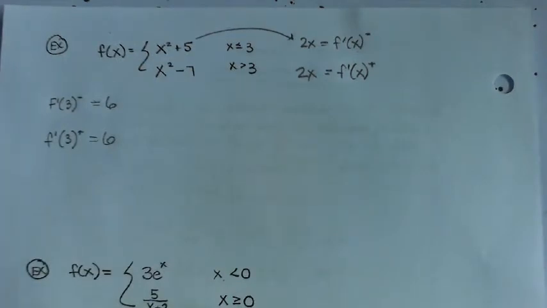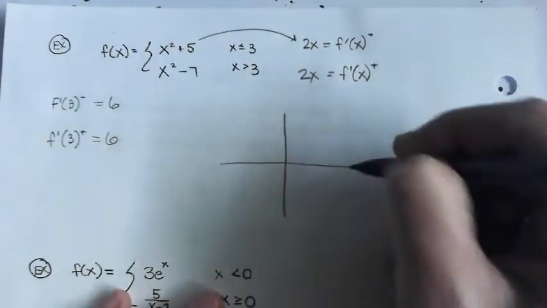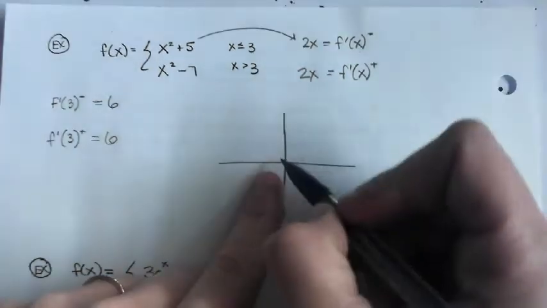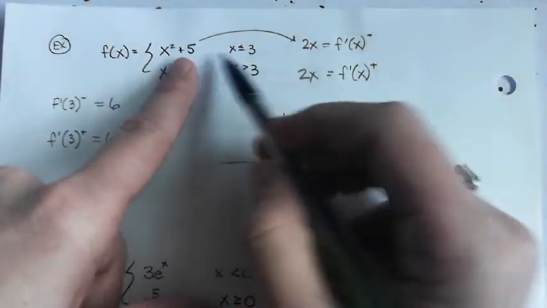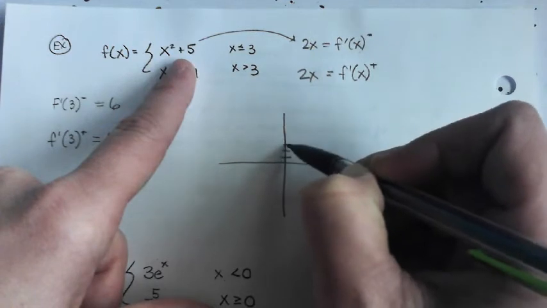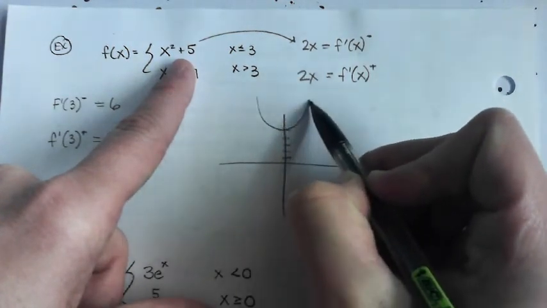So you have to be careful here, though, because this one, I believe, when we sketch it, you're going to see that it's not differentiable at 3, even though they match. So x squared plus 5, that's a quadratic shifted up 5. So it does something like this.